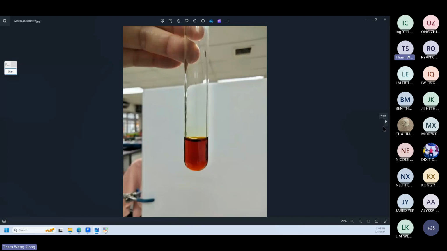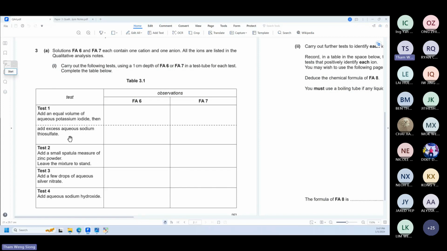Okay, I move on already. I add now thiosulfate. Later the recording can go through it. Okay, screenshot it. After adding sodium thiosulfate, adding excess sodium thiosulfate, this is what it looks like.